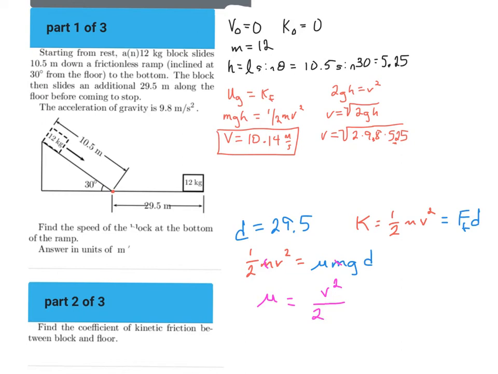To move d and g to the same side, we're going to end up dividing those, so they're going to join the 2 on bottom. So 2 times gravity times distance. That's a compound denominator, so that all goes in parentheses. Okay, we know our velocity. We can plug in these numbers.